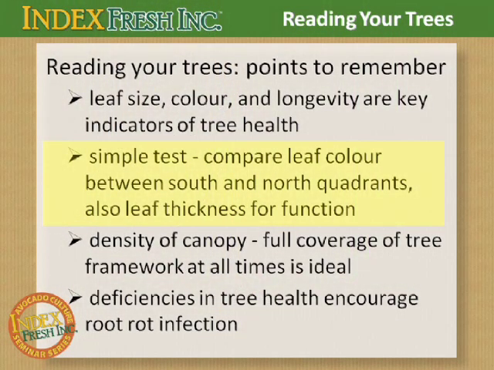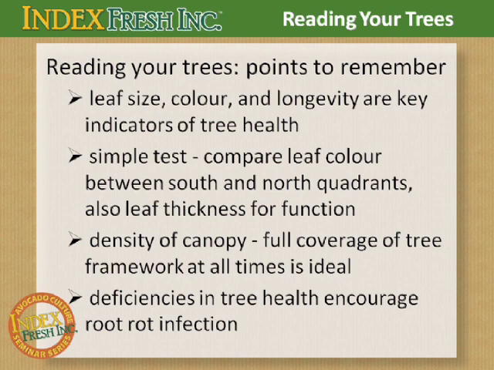Another way to look at health of trees is density of canopy. We always say that you should not be able to see any of the framework branches of a tree. They should be covered by foliage. That way you can make sure that you're maximizing the interception of light and the production of carbon and carbohydrates.